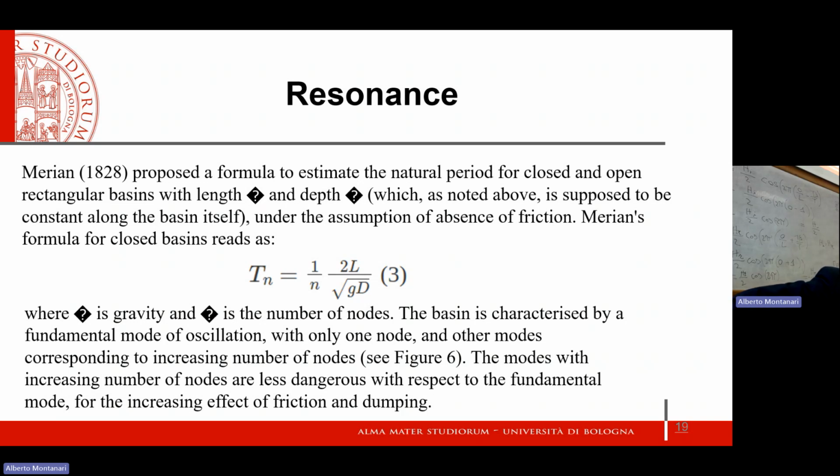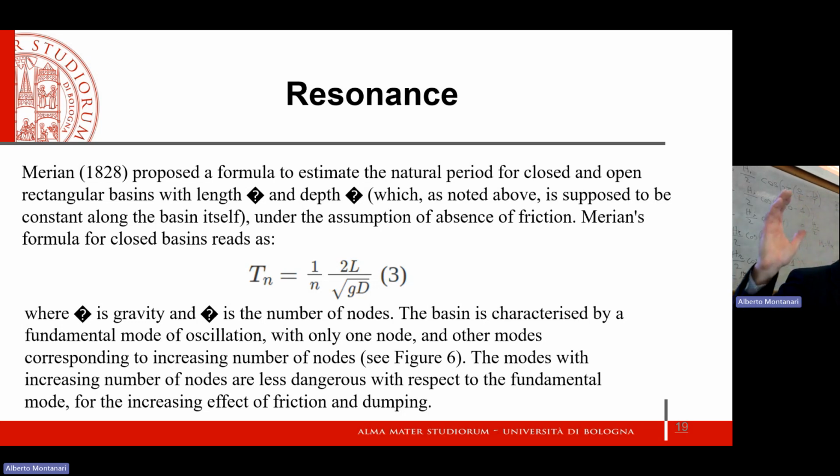So you see that for closed basins, the formula is obtained by putting at the denominator twice the length of the basin, because twice the length of the basin is the length of the travel ahead and back.